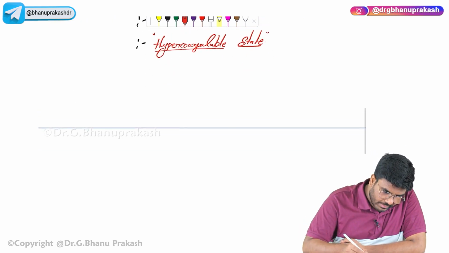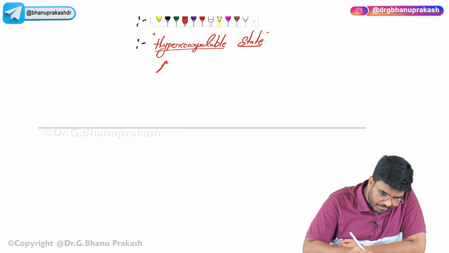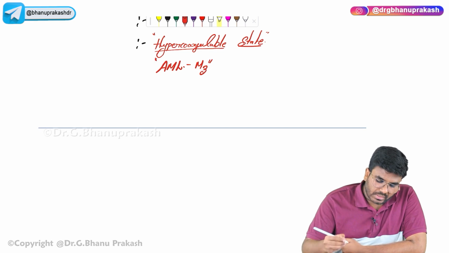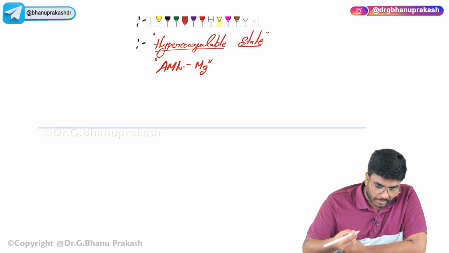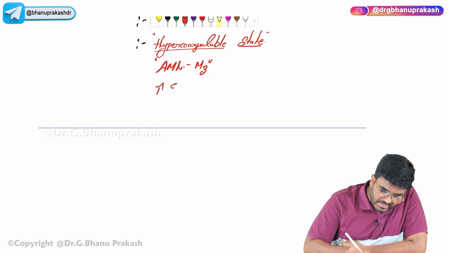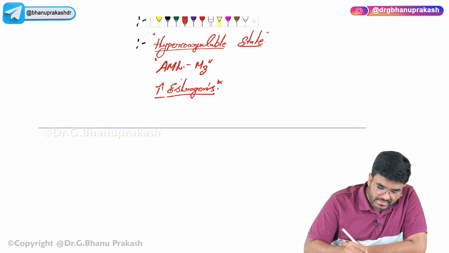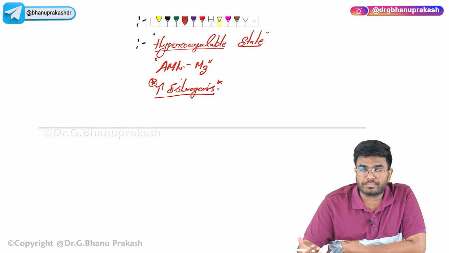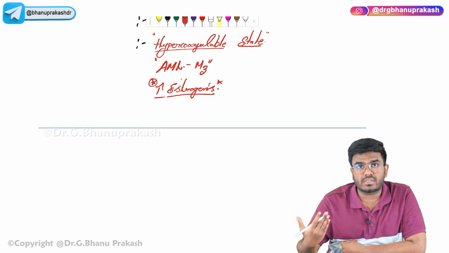This hypercoagulable state might be because of some cancers like AML, acute myelogenous leukemia type 3, M3, or certain types of cancers and conditions where the estrogen levels are elevated. We all know estrogens are responsible for increasing the clotting factors. Estrogens will cause deep venous thrombosis, thromboembolism. A high amount of estrogen can cause a thromboembolism.